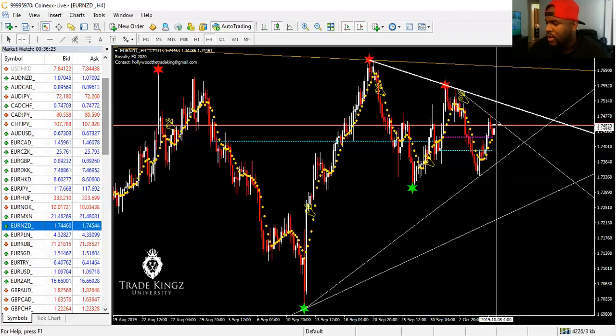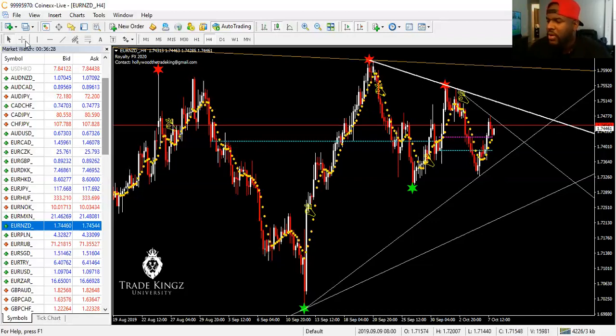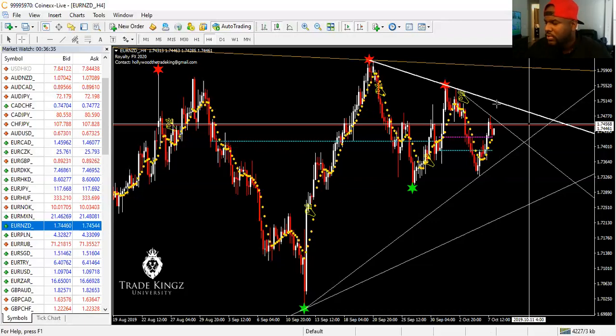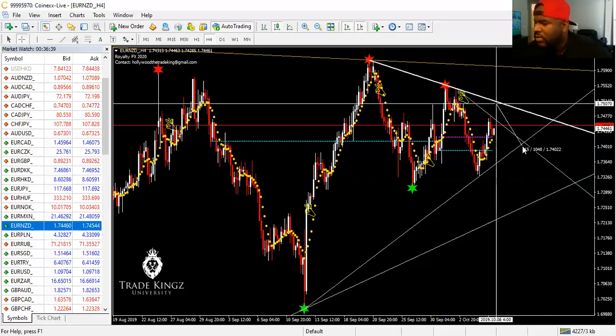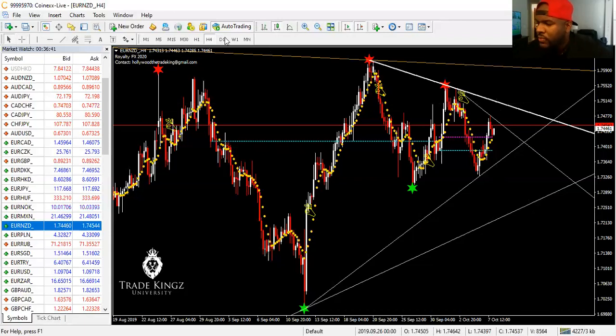Where are we at now? Hold on, let's see something. We're about 50 pips or so away from where I want to take the sell position. I want to take it here. So what I do, I drop down to the hour or the 15-minute.